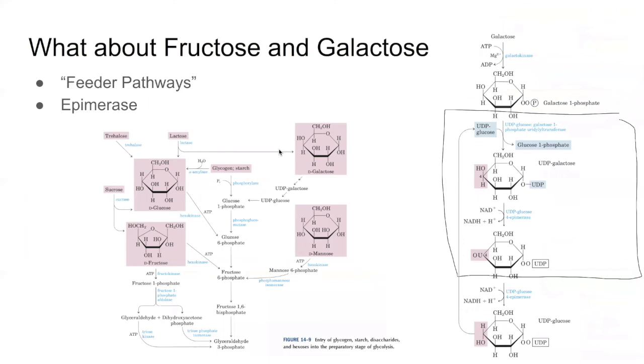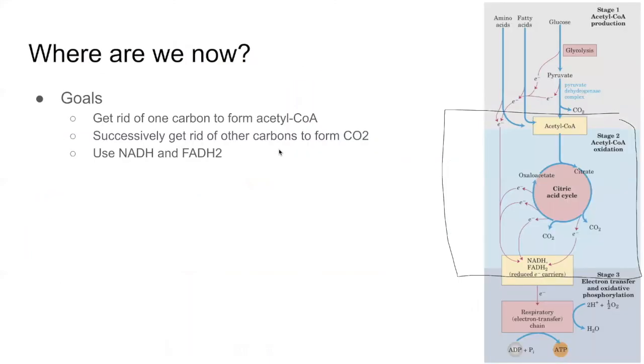But to leave you so that you can understand sugars and hopefully to guide you on the coming lectures for Professor van der Heijden, we basically talked about glycolysis turning glucose to pyruvate. And so by now, where we are in the pathway is we have pyruvate. And so in the next coming lectures, like today and tomorrow, Wednesday, we're going to learn how to turn pyruvate to acetyl-CoA, and then turning that acetyl-CoA into carbon dioxide.